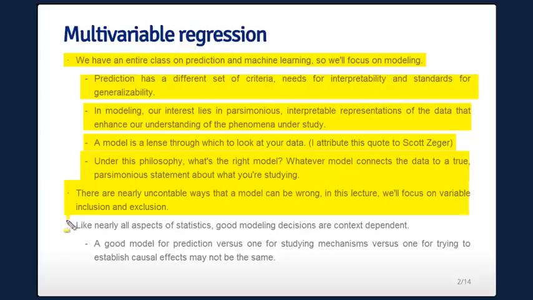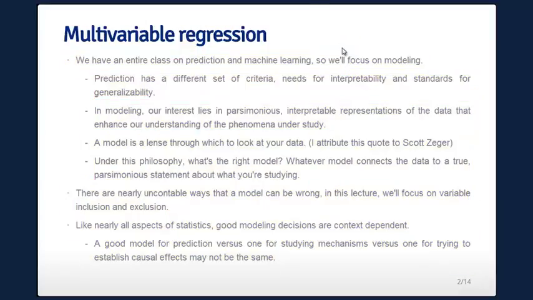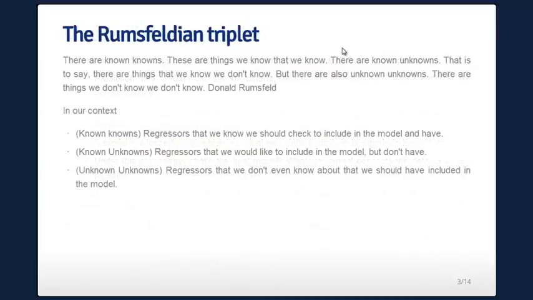And something that comes up a lot in this class: good modeling decisions are context dependent. As an example, a good model for prediction versus one for studying mechanisms to establish causal effects aren't the same thing. If you want predictions, you may be able to tolerate a lot more variables in your model than if you want small, parsimonious causal effects.